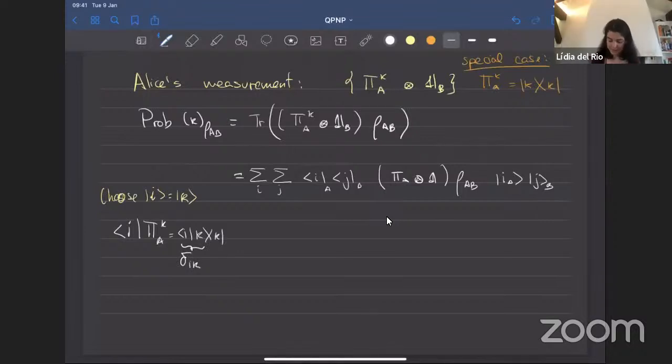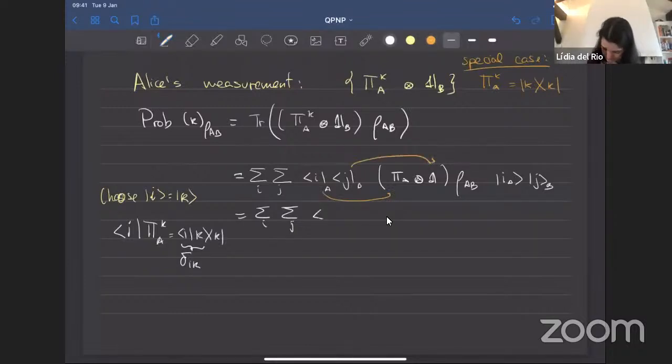So it's delta ik, okay, so we choose this because then what we had is this sum over i, sum over j, and now we have here this acts on the first, this acts on the second.